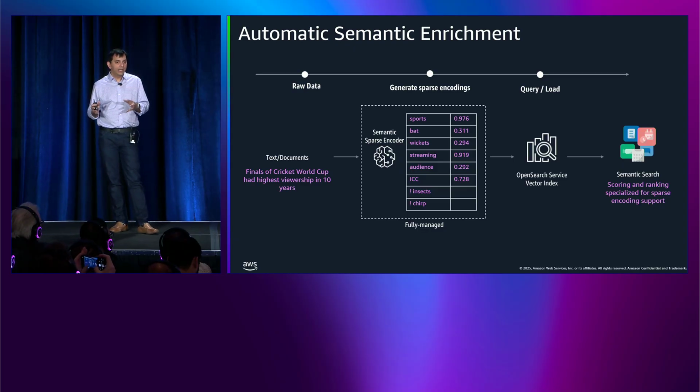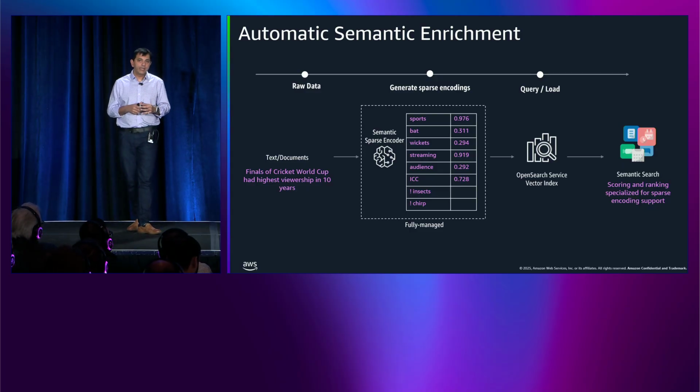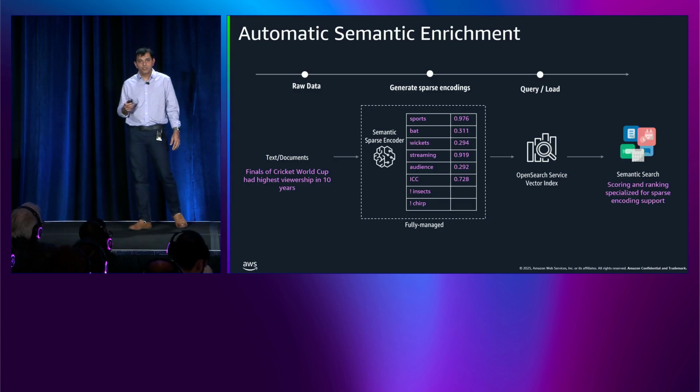And when the query comes, we are able to leverage this semantically enhanced, think of it as a synonym dictionary, to give really relevant results for use cases. So it's a pretty powerful technique and a pretty simple way to improve the accuracy of your search results.